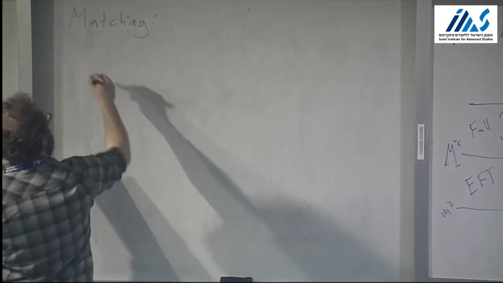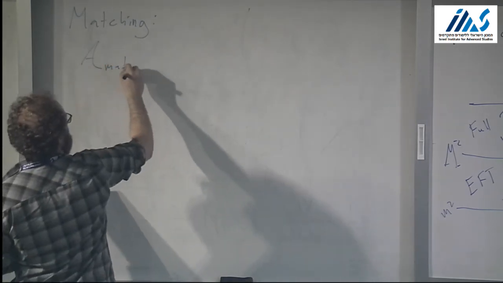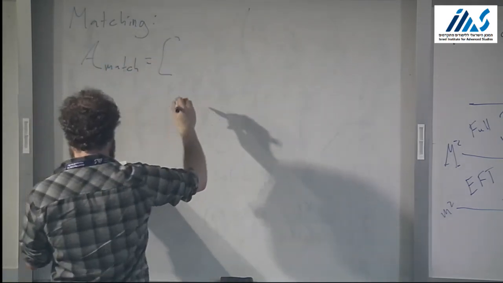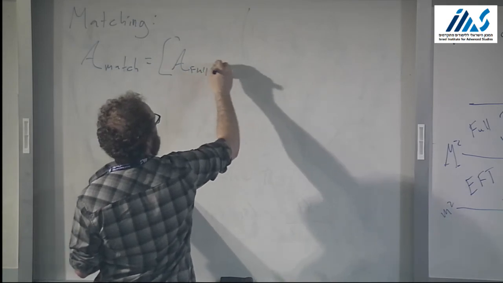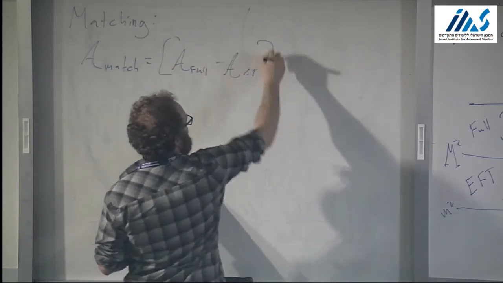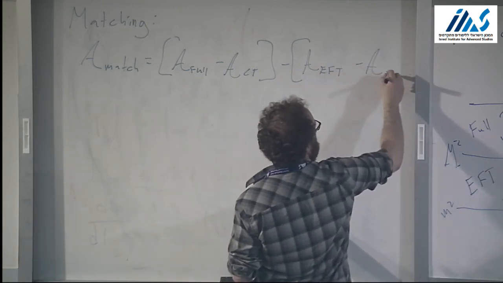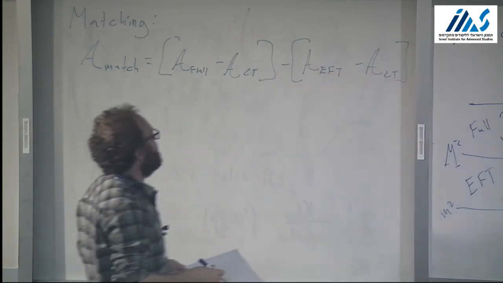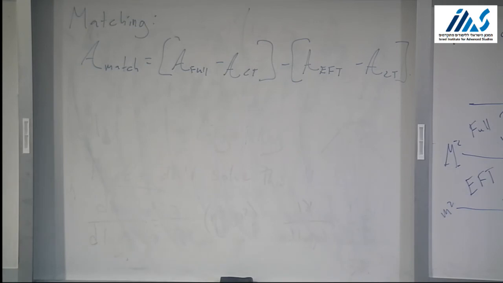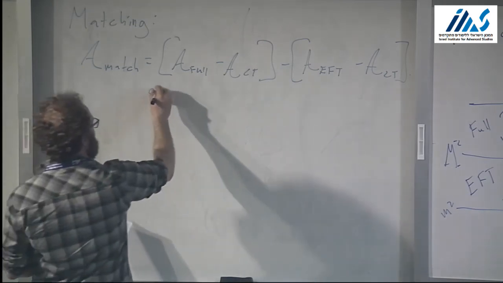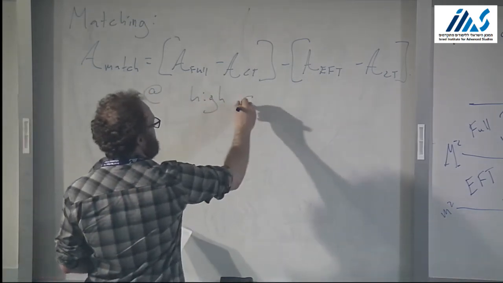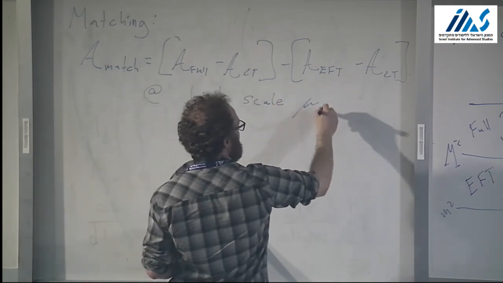My A match, the mismatch between the two theories, is equal to A full minus A counterterms minus A EFT minus A counterterms. And again, I don't have to be careful about wave function renormalization because I'm in a scalar theory. And I do this at a high scale mu m.